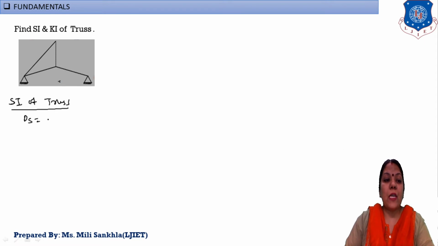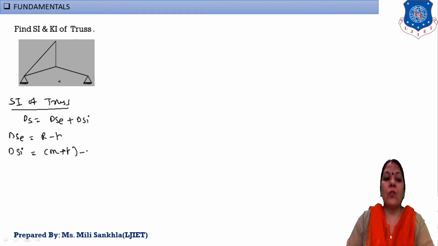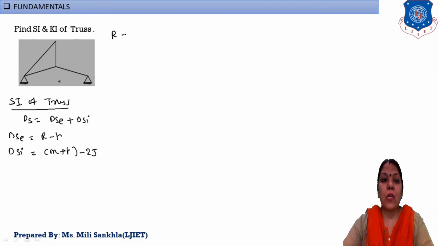SI is equal to DS, the summation of DSE plus DSI, where DSE is equal to capital R minus small r, and DSI is equal to m plus r minus 2j. Now one by one find the unknown values: capital R, small r, then M, and second is j for joints.